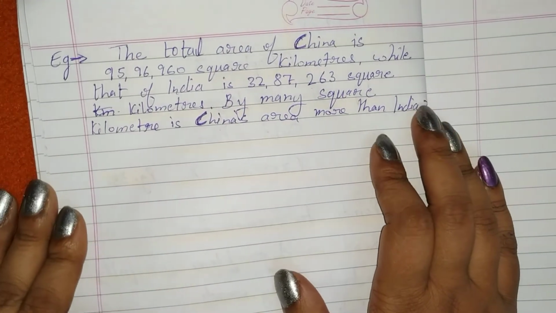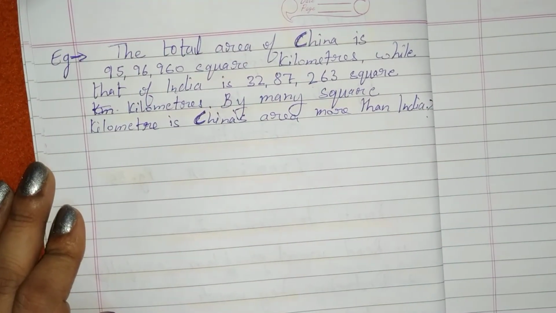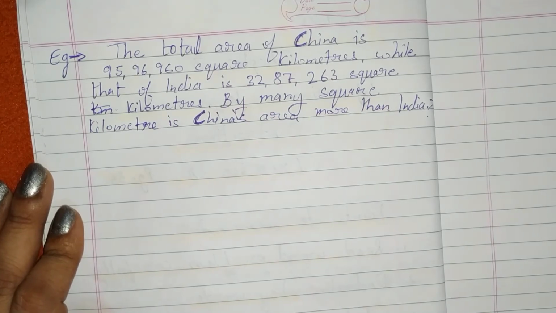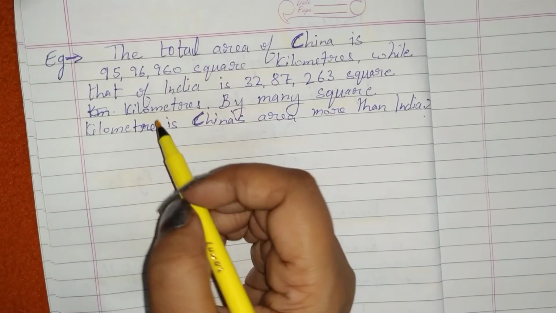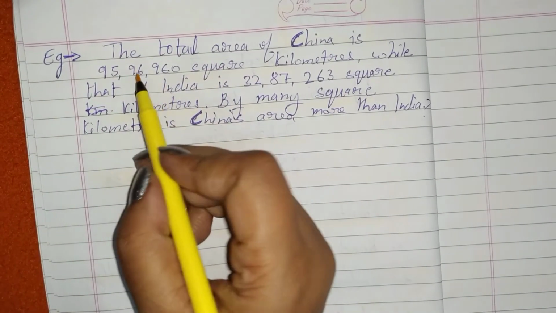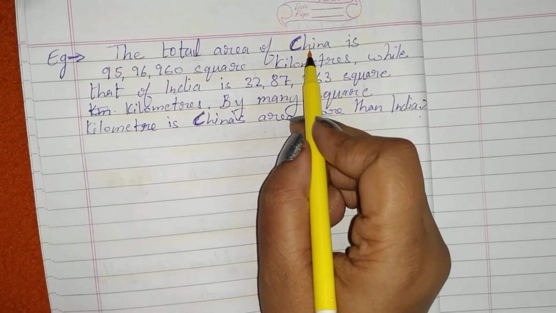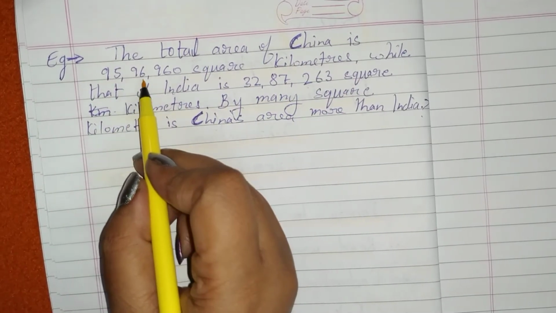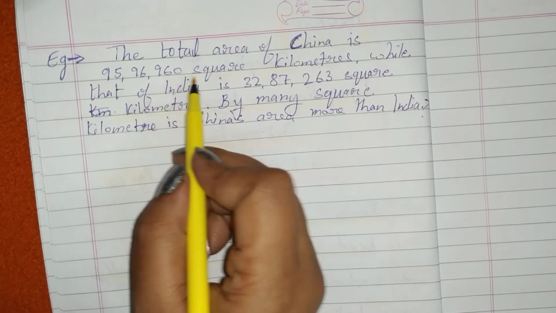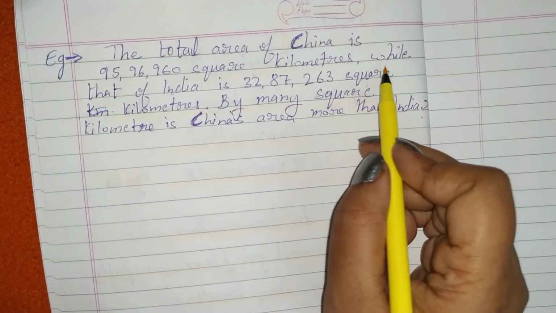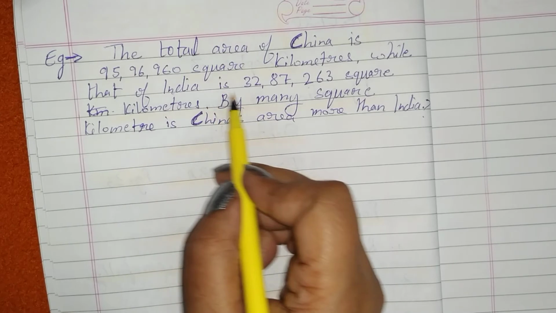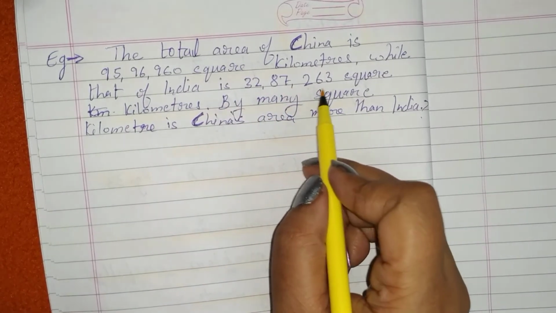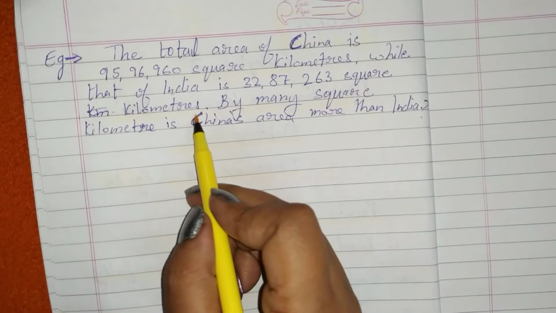Now children, let's take one example of a word problem of subtraction. Pay attention, I'm reading the question. The total area of China is 95 lakh 96,960 square kilometers, while that of India is 32 lakh 87,263 square kilometers.